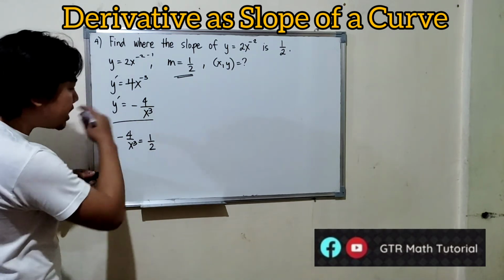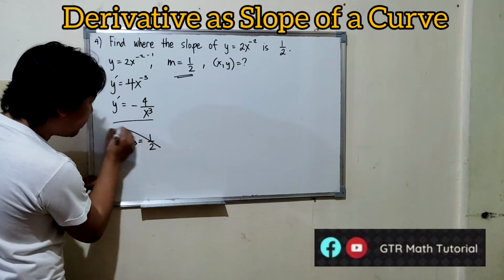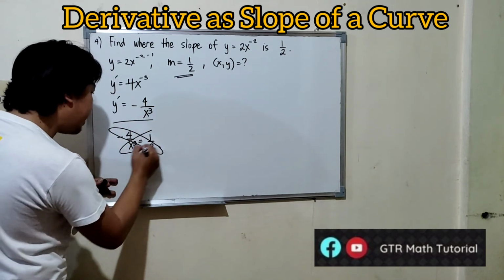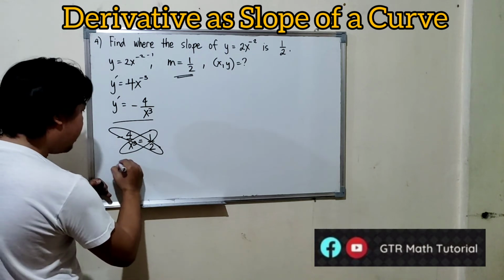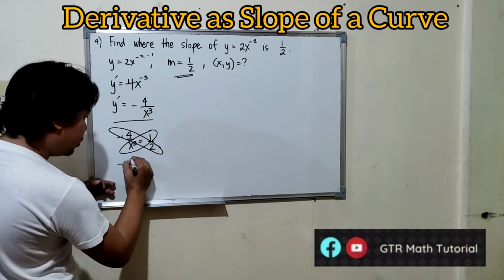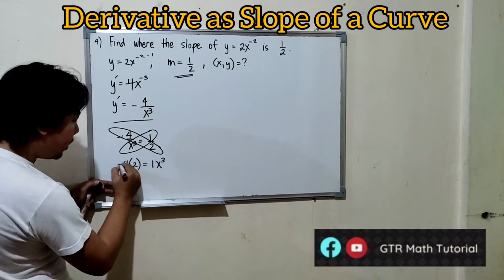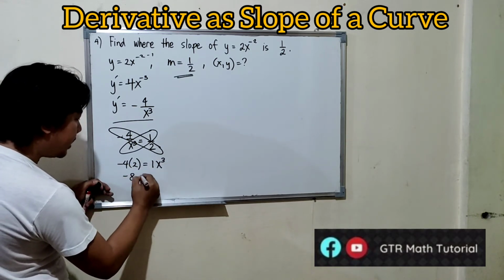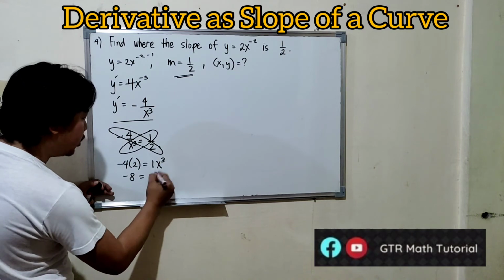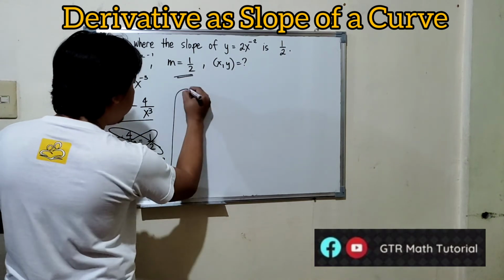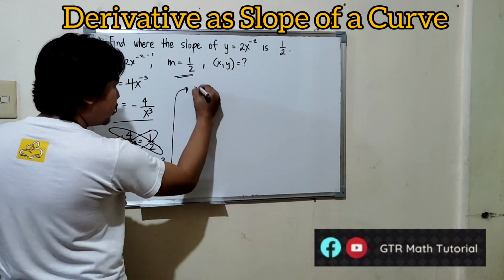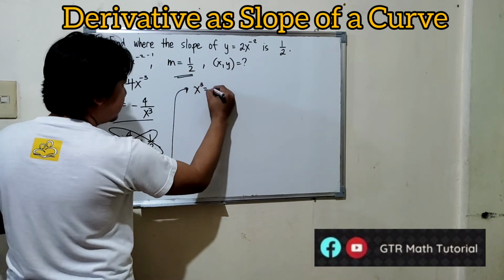The shortcut is just to cross multiply: 4 times negative 2, and 1 times x cubed. So negative 4 times 2, which is negative 8, is equal to x cubed. Or x cubed is equal to negative 8.